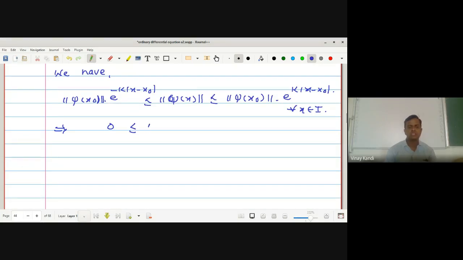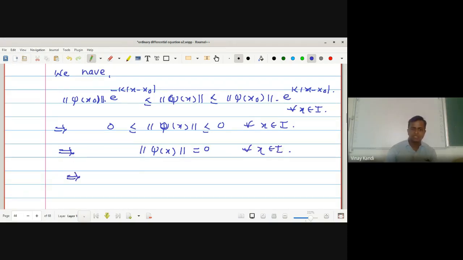So 0 is less than or equal to norm of psi of x, which is less than or equal to 0 for all x belongs to I, which implies norm of psi of x is equal to 0 for all x belongs to I, which implies psi of x is the zero function for all x belongs to I.